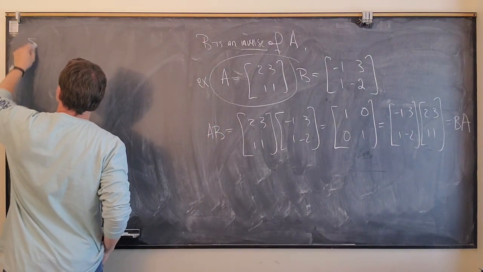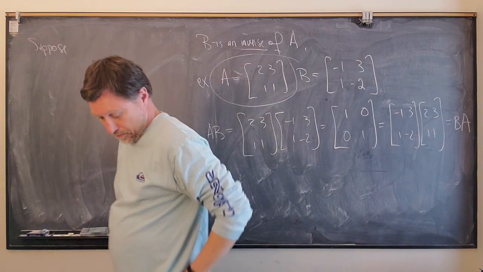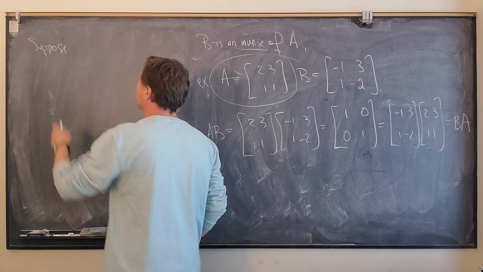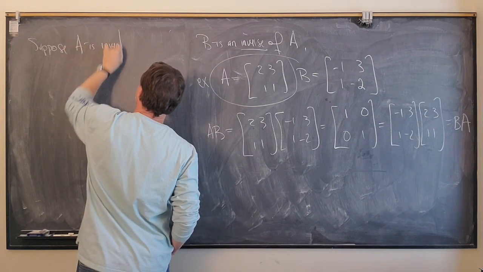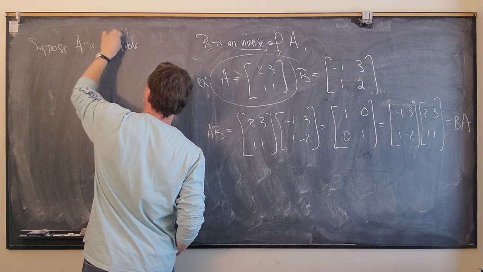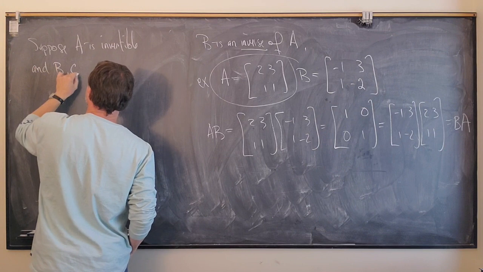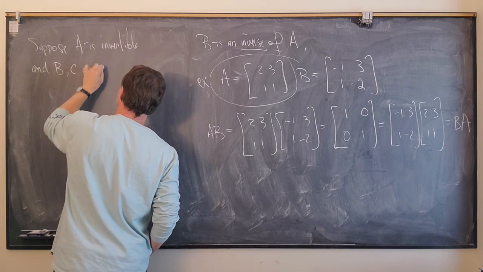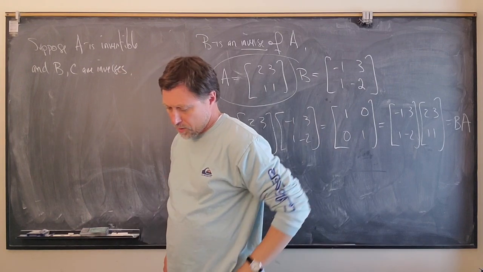Now, let's start with an invertible matrix. Suppose A is invertible, and B and C are inverses. So what does that mean?